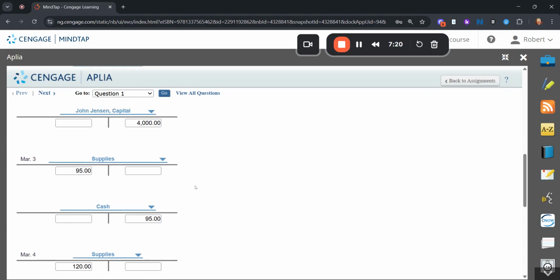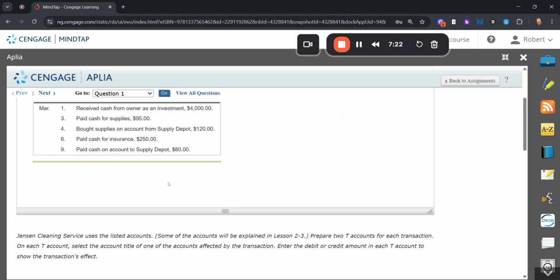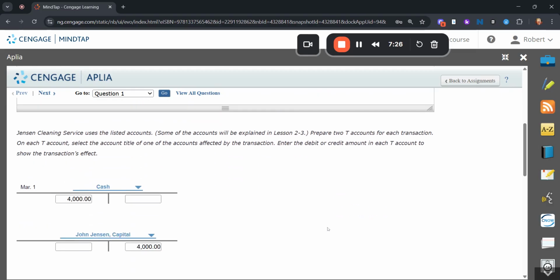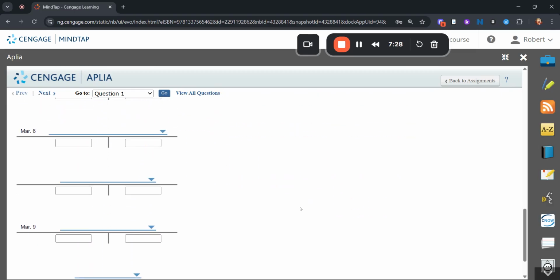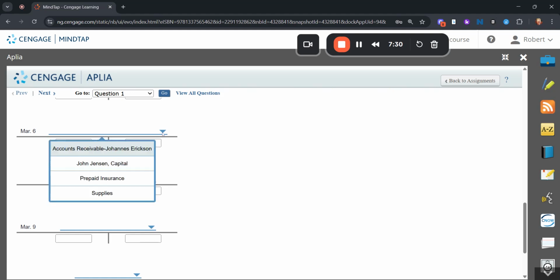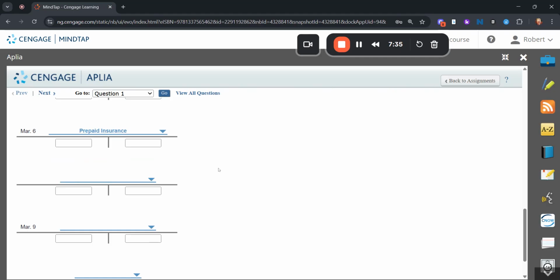Now let's get to our next transaction. Paid cash for insurance, $250. Once again, 2 accounts. Prepaid insurance. The insurance is always paid in advance. So that insurance is an asset.